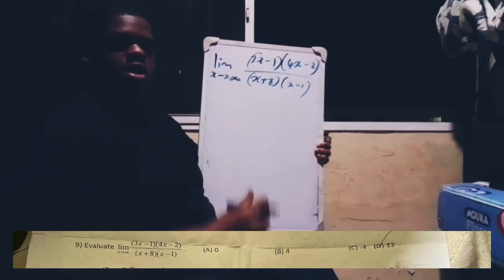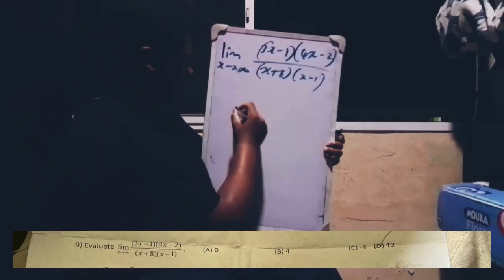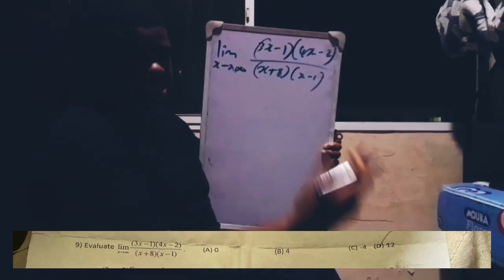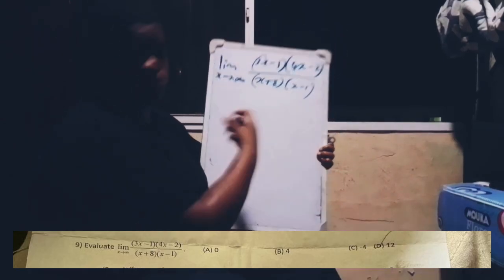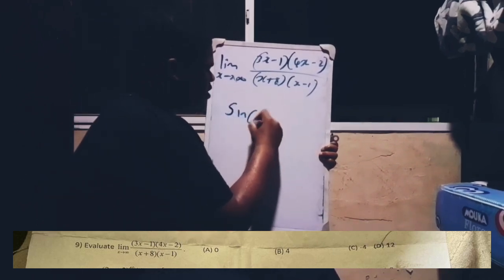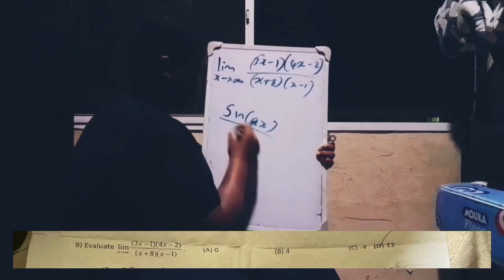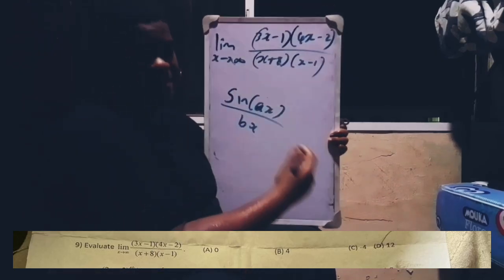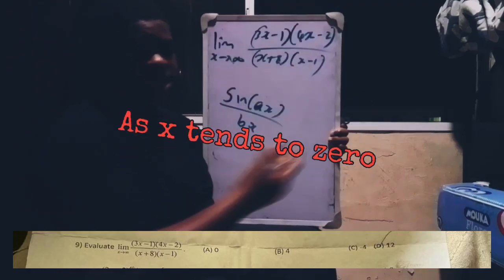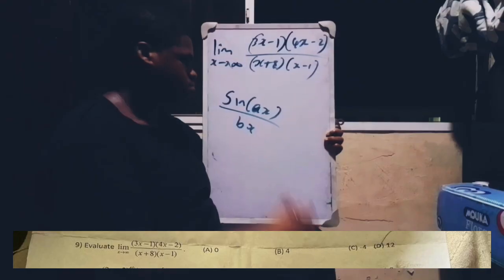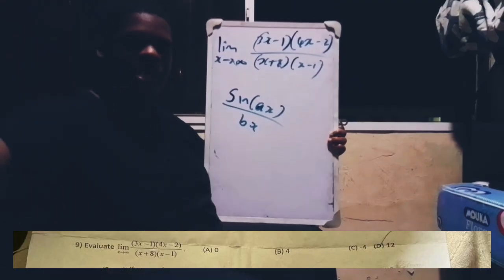As I explained in another video I created on demand, explaining how to easily solve functions in the form of sine ax divided by bx, I realized that sine ax divided by bx as x tends to infinity is always going to be a divided by b, and I showed you the proof in that video. Now I come with another proof.